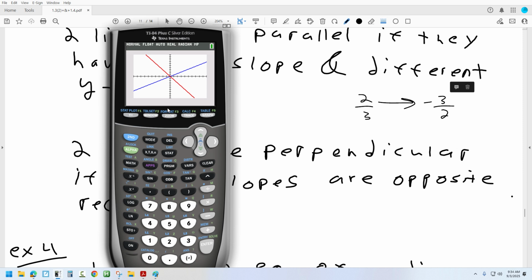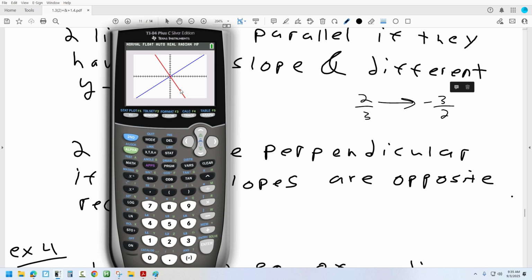So you're never going to see things the way they really should be if you do like a zoom 6. If you really want to see things proportional, you have to do what's called zoom square. If you do zoom square, which was zoom 5, it will make things look proportional and they're not distorted. Okay. Now, if you were to actually measure that, that is a 90-degree angle.